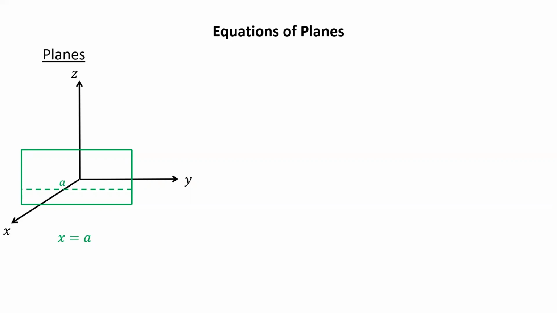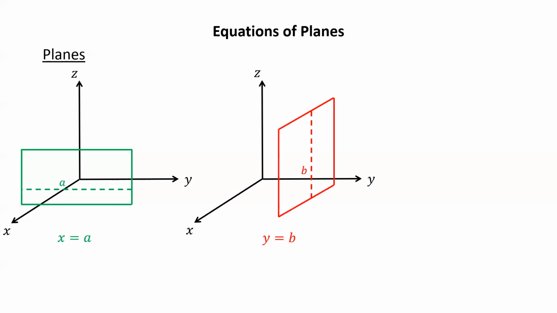Similarly, if a is a positive number, then x equals a is the equation of a plane that's in front of the YZ plane. And if a is negative, then x equals a would be the equation of a plane that is parallel to the YZ plane but behind it. Similarly, planes with equation y equals b for some real number b will be parallel to the xz plane.